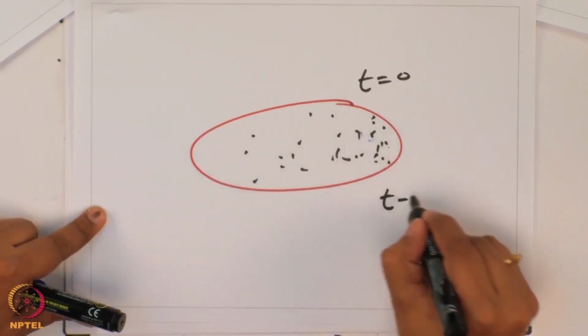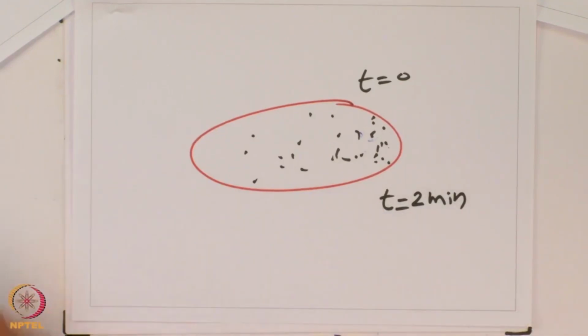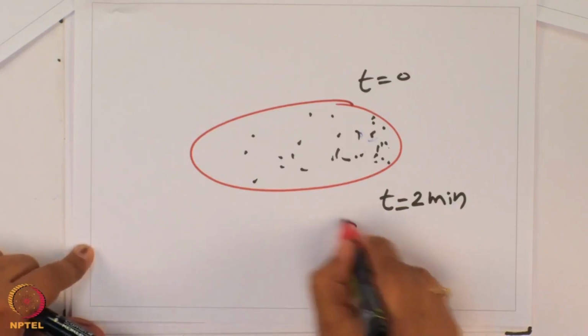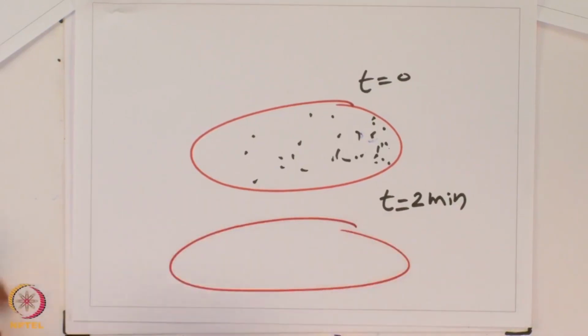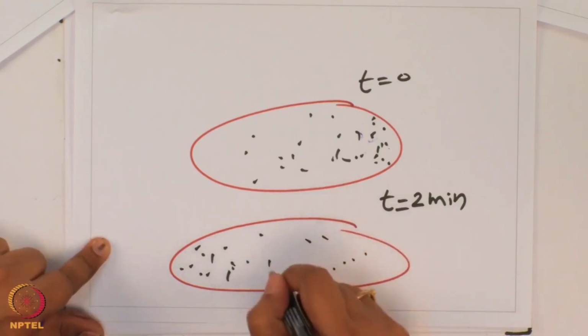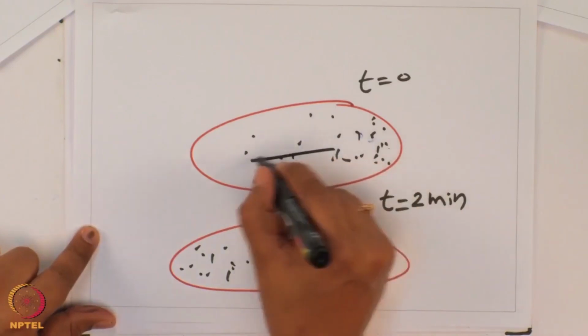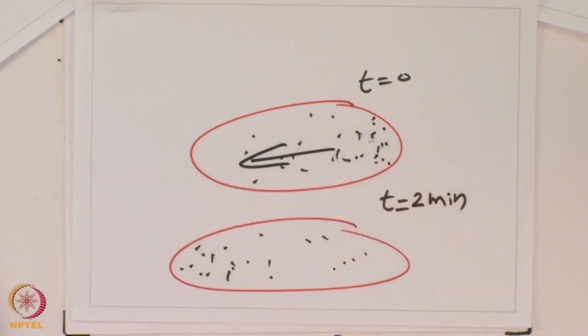Now after t is equal to 2 minutes, this could change in such a way that it is high concentration here and low concentration here. So the concentration has changed with time. So it is like this thing is flowing here. So this is like a flow.